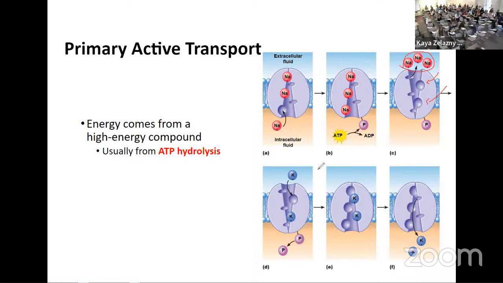That phosphate group that we broke off from the ATP at this point dissociates, so it kind of falls off. And that causes our protein to flip its shape back with these pockets facing the inside of the cell, facing the ICF. At that point, potassium is released into the cell. So you can notice here that we're sending 3 sodium out of the cell, and we're bringing 2 potassium into the cell.